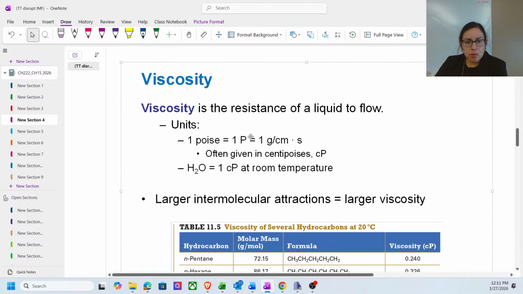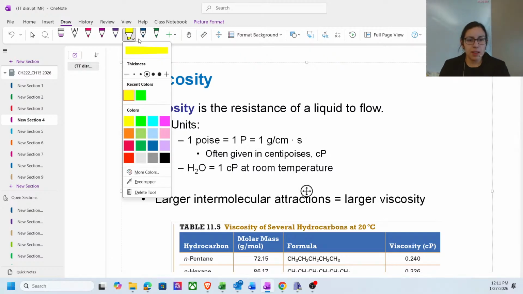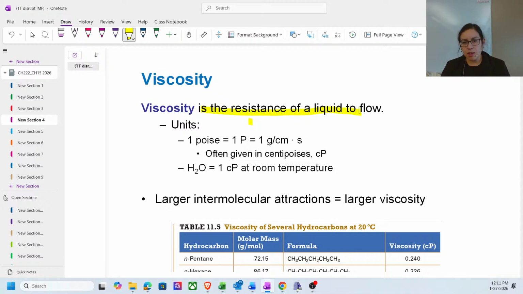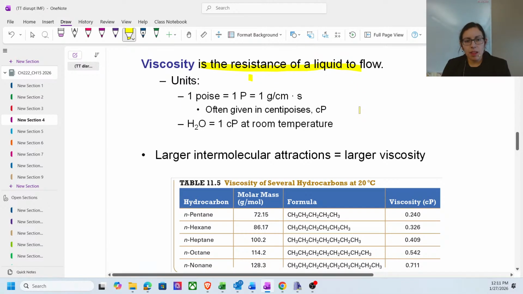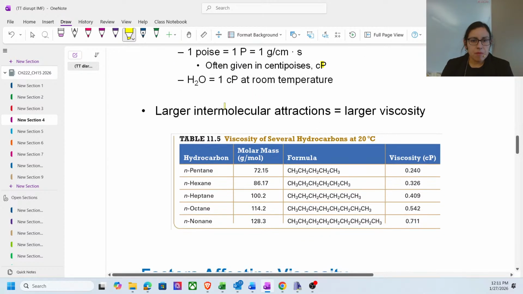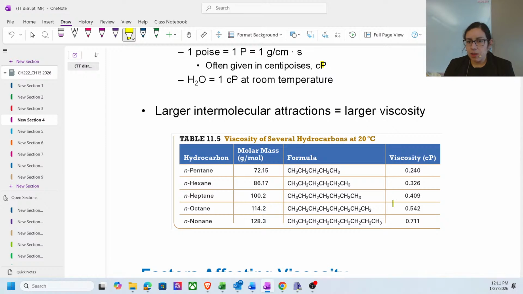All right, and then with surface tension, we also have viscosity. Viscosity is defined as the resistance of a liquid to flow, and it's given in units of poises or centipoises, cP. I don't want to get too bogged down with our units, but I just want to compare our relative viscosities. We can see that water has a viscosity of 1 cP at room temperature.